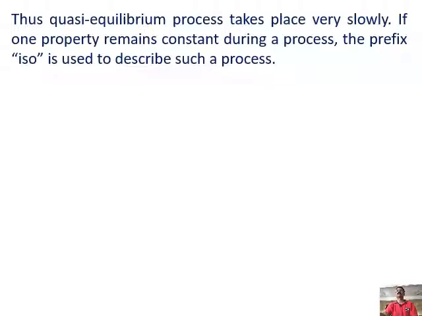Thus the quasi-equilibrium process takes place very slowly. Now, this is what we studied about the quasi-static process, wherein every state point along that path is an equilibrium state. Now, there are different thermodynamic processes based on the change in property. If one of the properties remains constant during the process, the temperature may remain constant, pressure may remain constant, volume may remain constant.